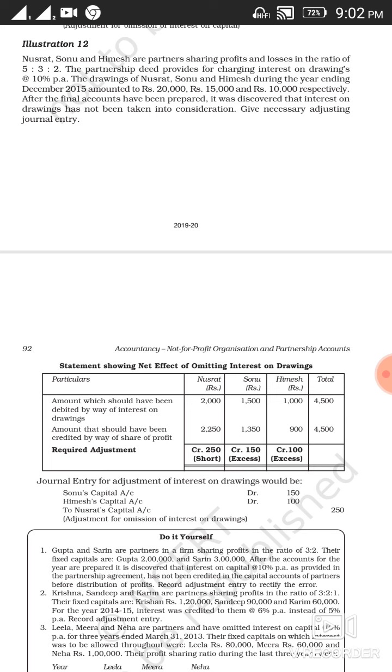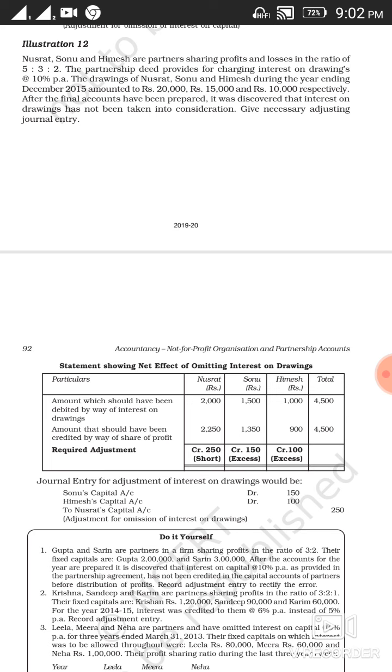Now taking Sonu, the amount that has to be taken from Sonu, meaning debited to Sonu, is 1,500, whereas the amount that has to be given to Sonu, meaning credited, is 1,350.